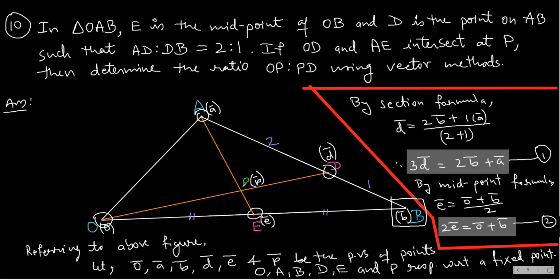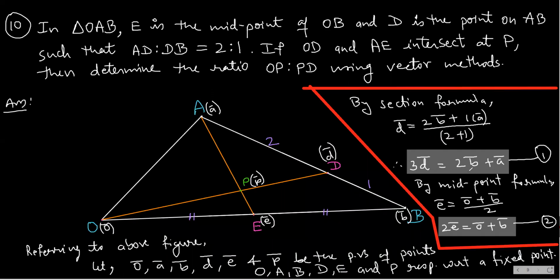See, if you want to end up getting point P, P being the intersection of AE and OD, you will have to eliminate point B from these two equations. Okay, we will try eliminating point B from these two equations.